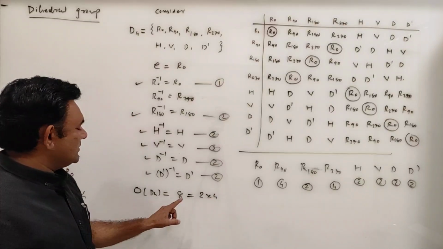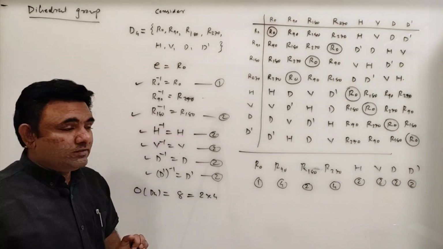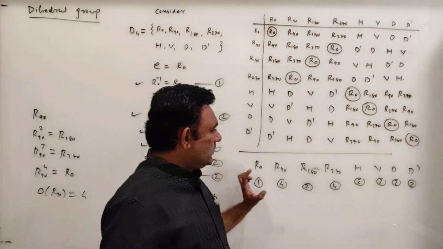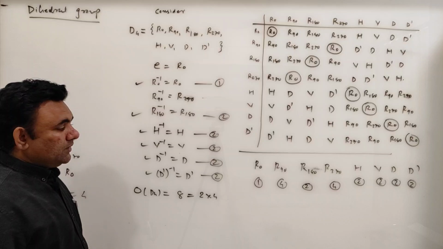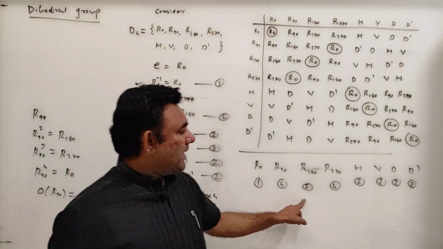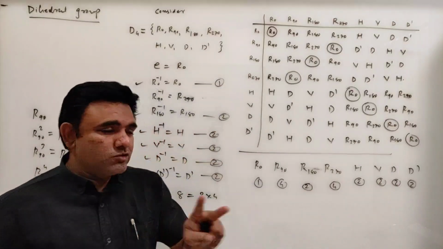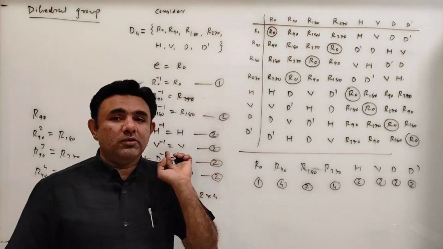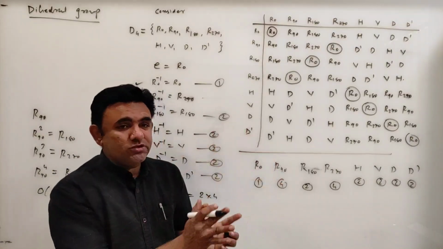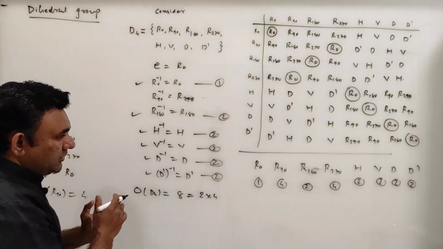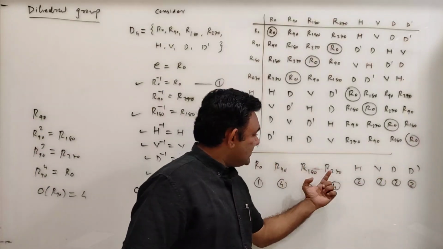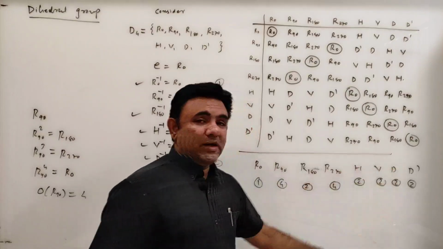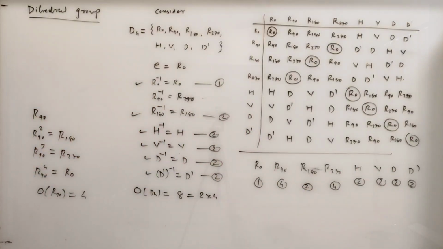We know the order of every element of D4 also. So D4 has 5 elements of order 2, 2 elements of order 4 and 1 element of order 1. This is the structure of D4. Among these 8 elements, 4 are rotations and 4 are reflections.